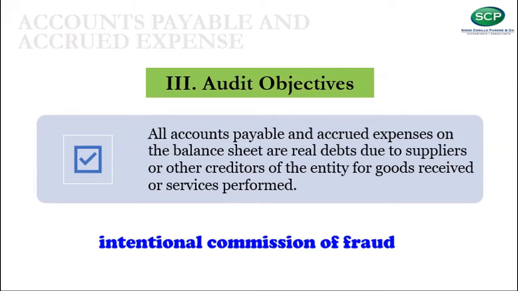The fake revenues and fake inventories consequently led to fake receivables and fake trade payables as well. In this regard, our audit procedures, therefore, should be able to address the assertions, existence, and occurrence on accounts payable and accrued expenses.